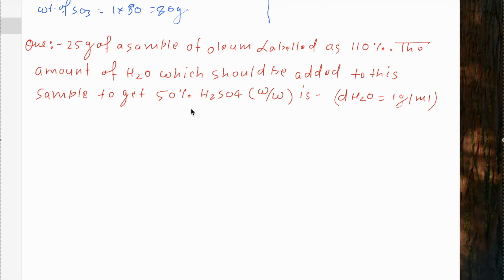They may ask this type of question, so we will solve it. If we practice this type of question, then we can secure the marks. See here, density of water is 1 gram per ml. Actually it was given in the question.